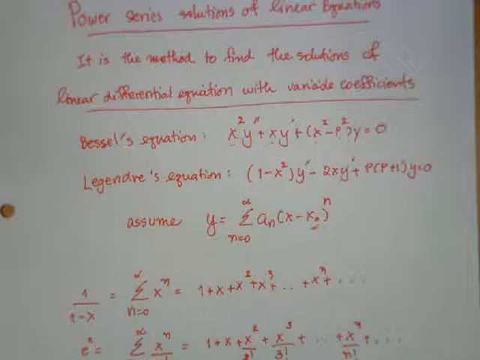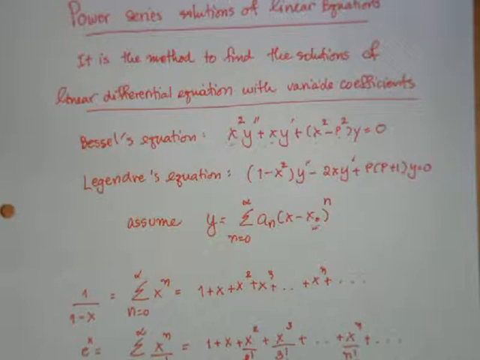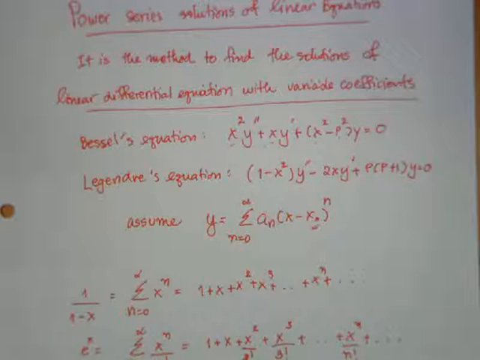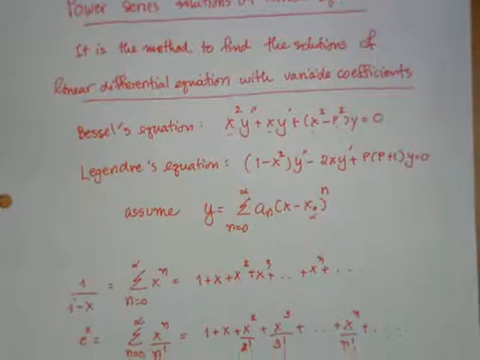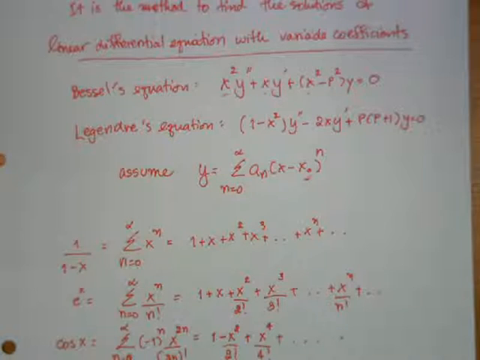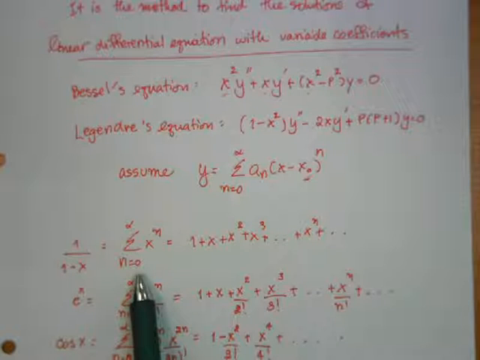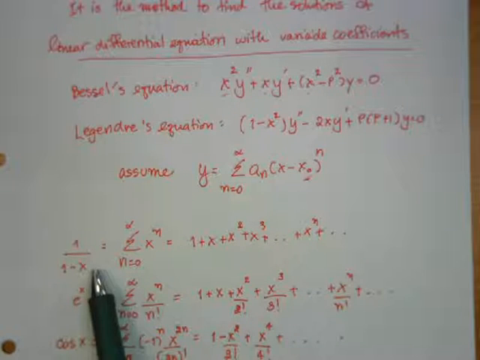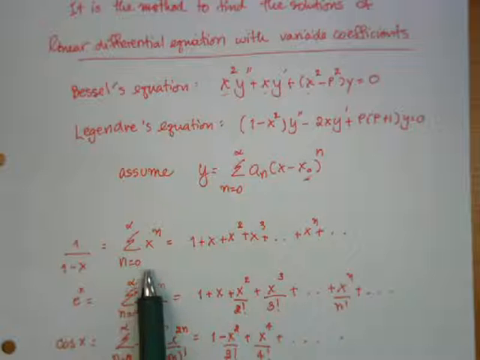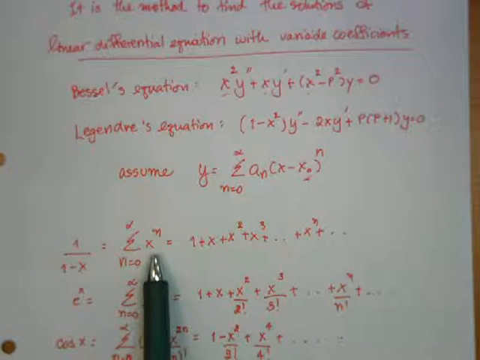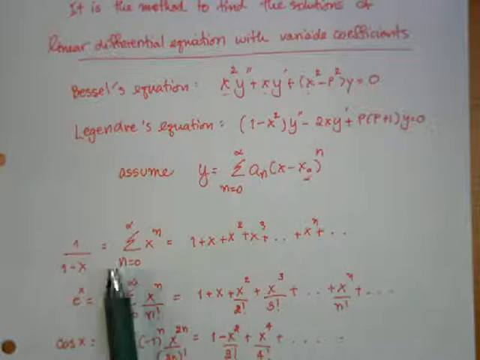So in that case, we should know the power series of the general functions. For example, 1 over 1 minus x. If you want to write this in terms of a power series, 1 over 1 minus x is equal to the summation of x to the power n, where n is from 0 to infinity.